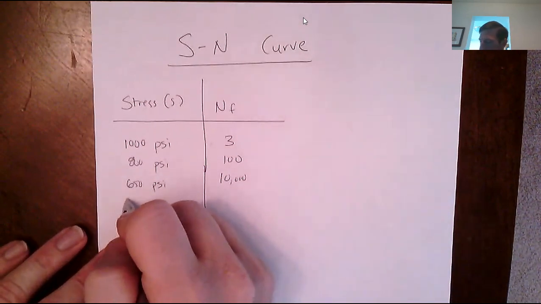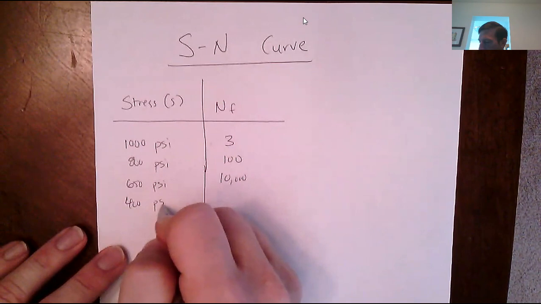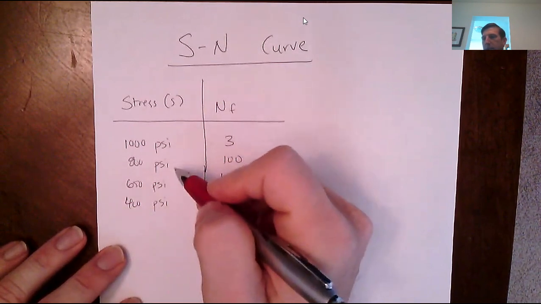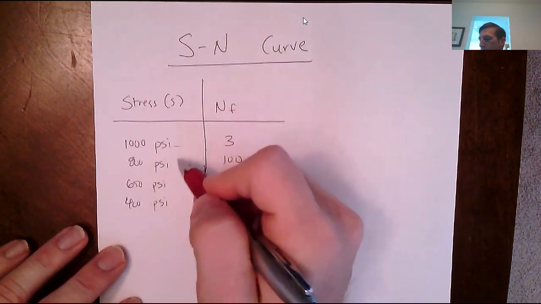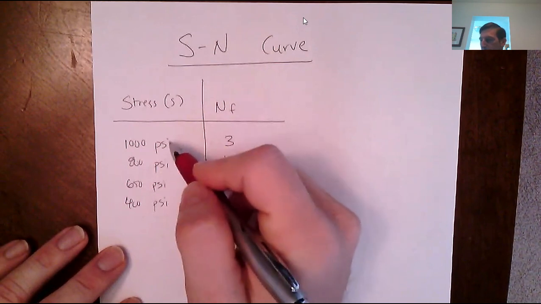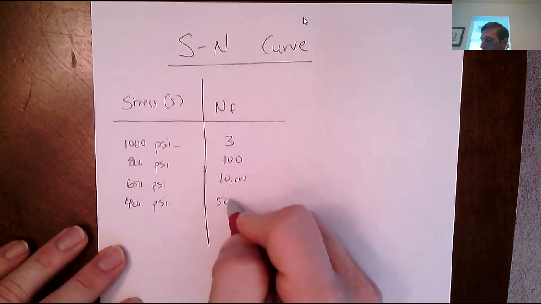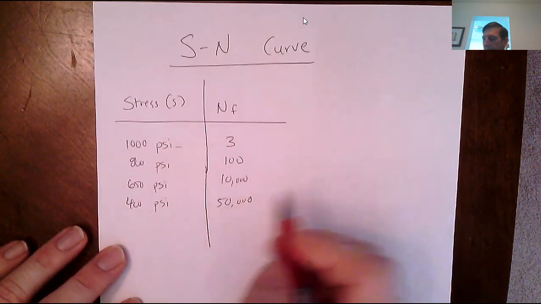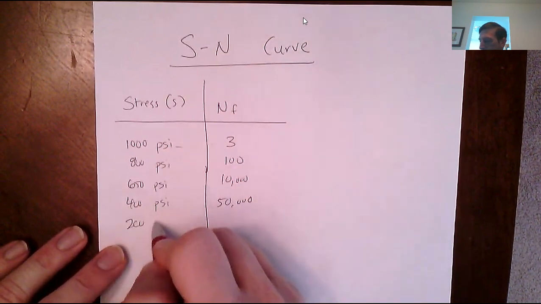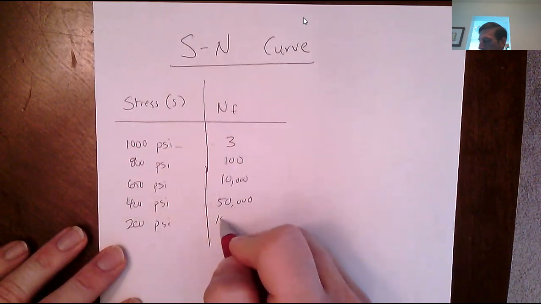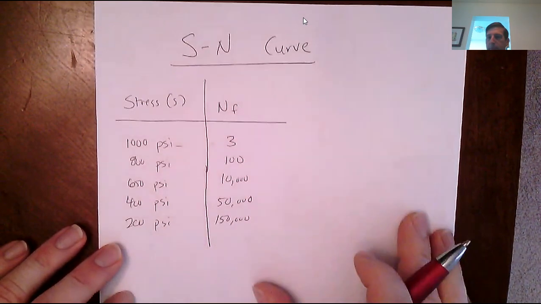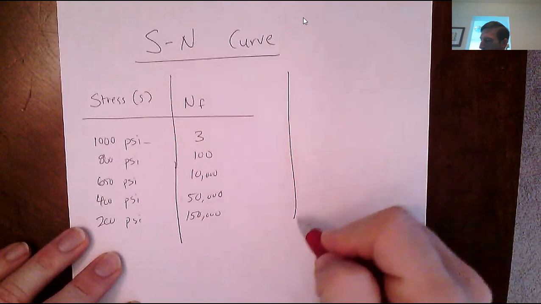And then I do, so let's say 400 PSI, and you can break this up into really any increment you want. But usually you probably go in some sort of logical increment, reducing it by 100 or 50 PSI. And let's say we do 400 PSI and it's 50,000 cycles. Maybe we do 200 PSI and it's 150,000 cycles. So if I were to plot that, what would it look like?